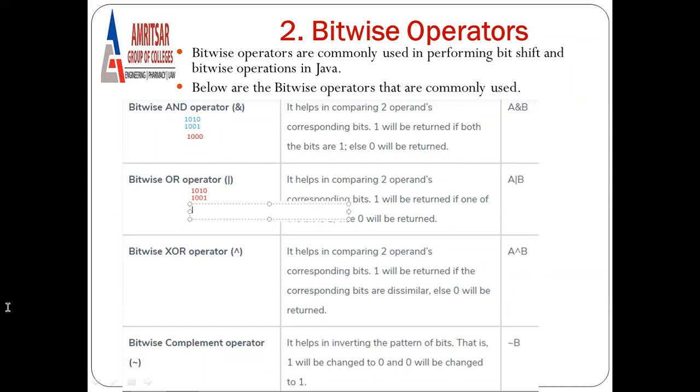Both are true, it will return true. Here one is true and one is false, it will return true. So in the OR operator, only when both are false will it return false, otherwise it will return true.